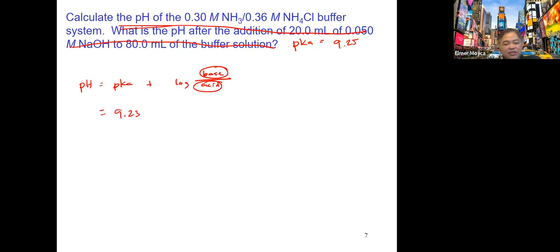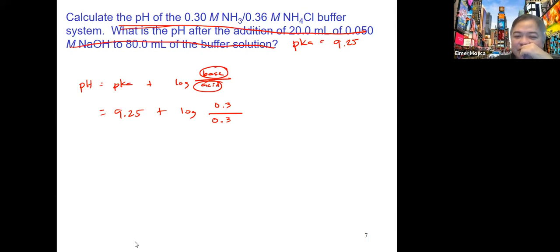I can put 9.25 here, but which of the 0.30 and 0.36 will I put in the numerator and the denominator? 50% chance. Which goes on top?